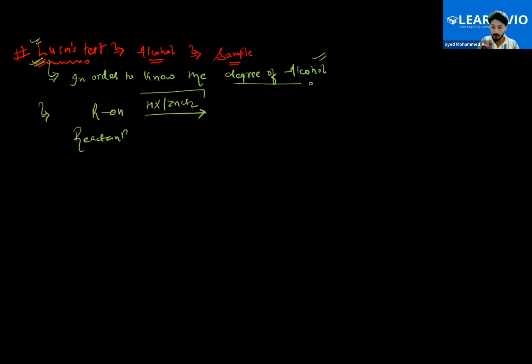So the order of reactivity is on the basis of whether the alcohol is 3 degree, 2 degree or 1 degree. This test is there to check whether the reaction takes place or not on that basis.